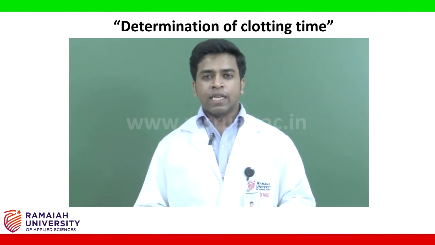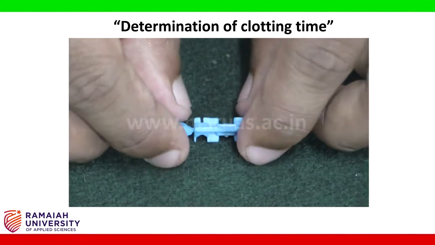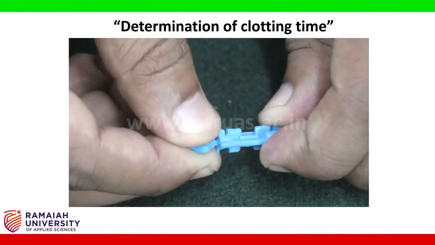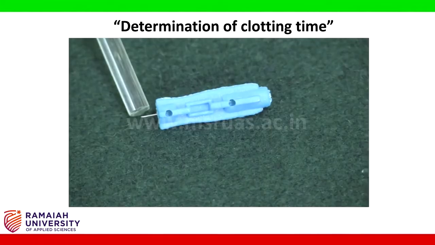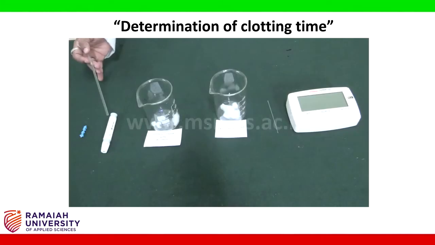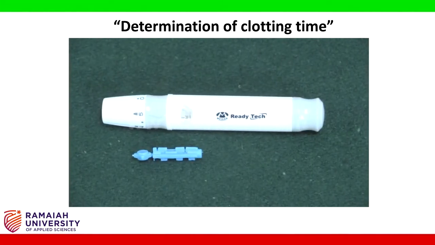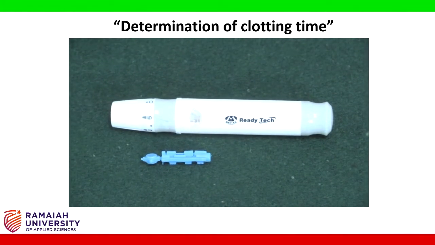Now, let us see and understand various requirements of this experiment. Lancet: a blood lancet, which consists of a sharp needle to prick the finger bulb. Lancet device: this is utilized to hold the lancet.